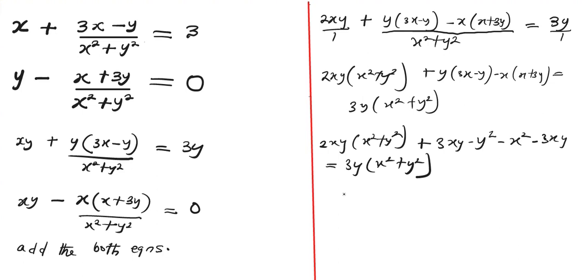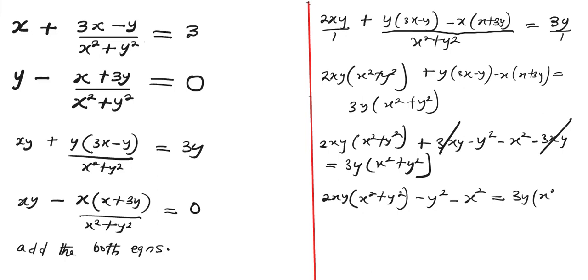Now if you look at it very well, 3xy will cancel 3xy, so we are going to be left with 2xy(x squared plus y squared) minus y squared, this here, minus x squared, this here, equals 3y(x squared plus y squared), okay?